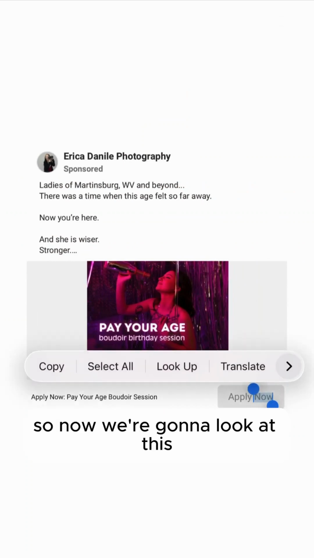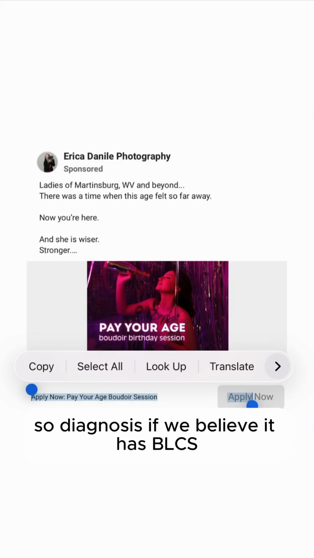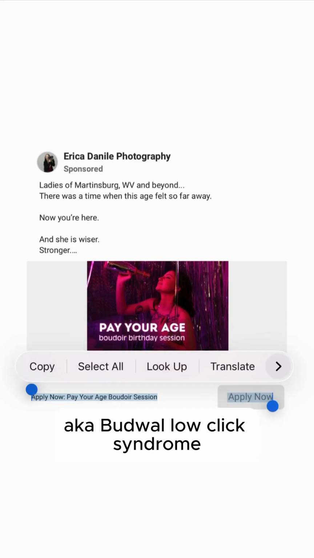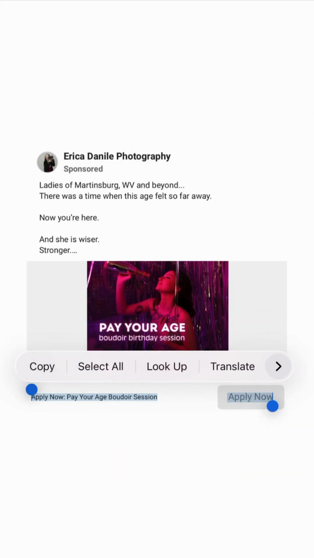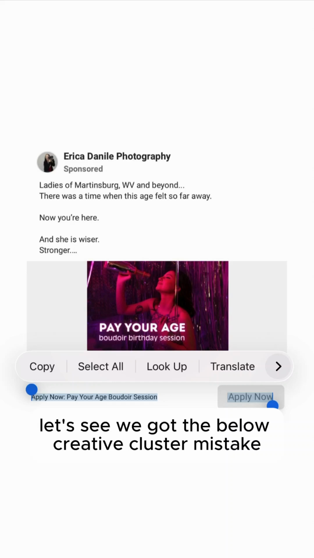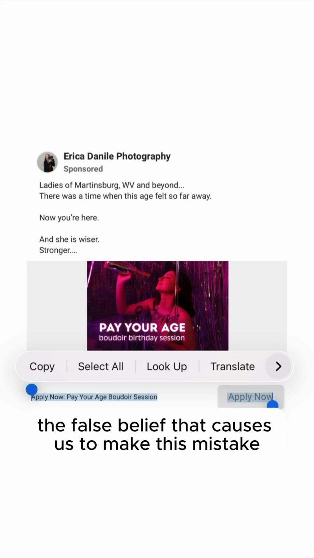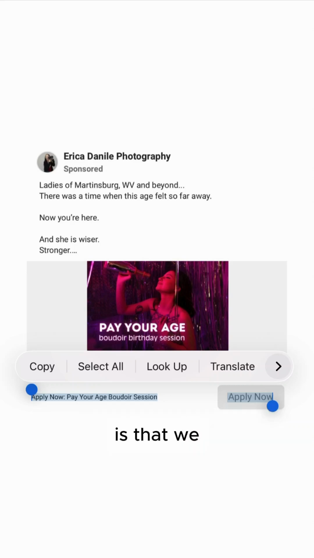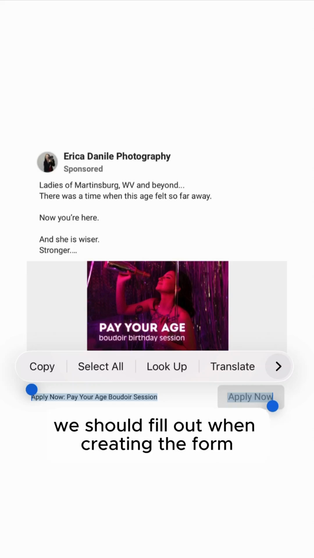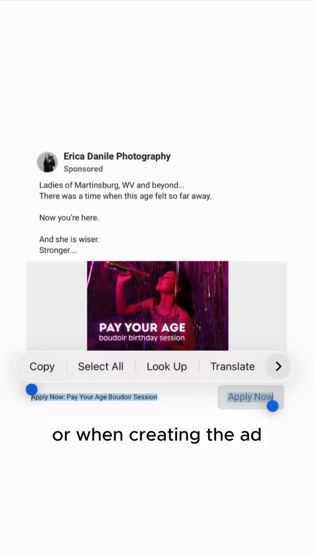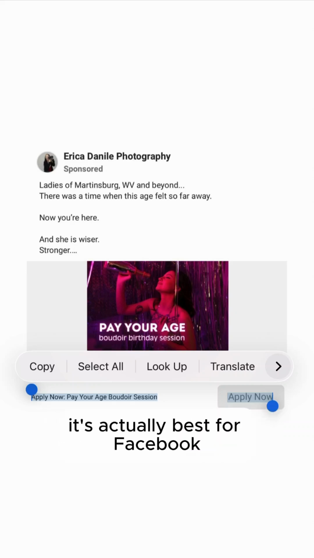So now we're going to look at this. So diagnosis, if we believe it has BLCS, aka Boudoir low click syndrome. So we got the below creative cluster mistake. The false belief that caused us to make this mistake is that we believe that everything Facebook says we should fill out when creating the form or when creating the ad is actually what we should fill out and is best for us. But no, it's actually best for Facebook.